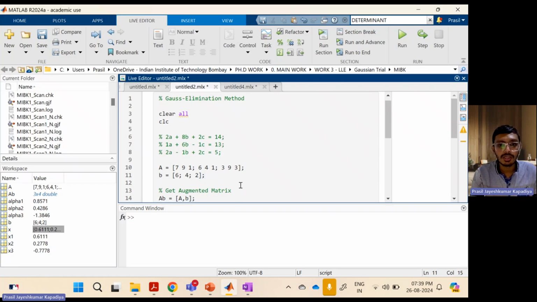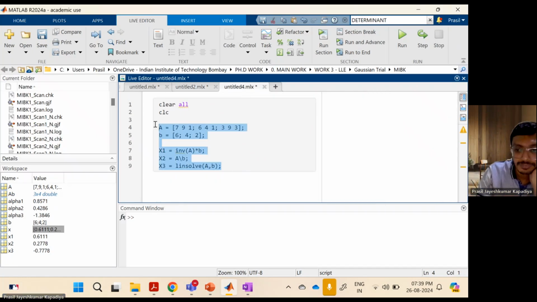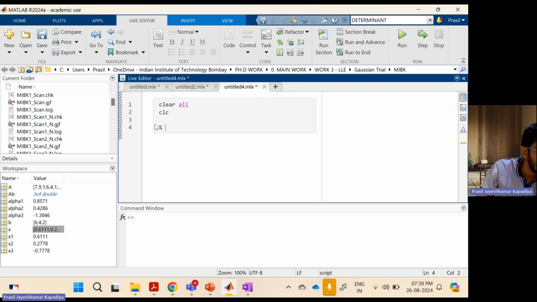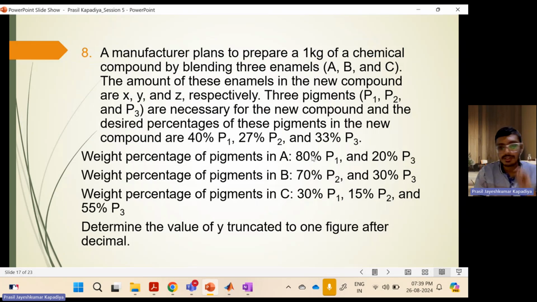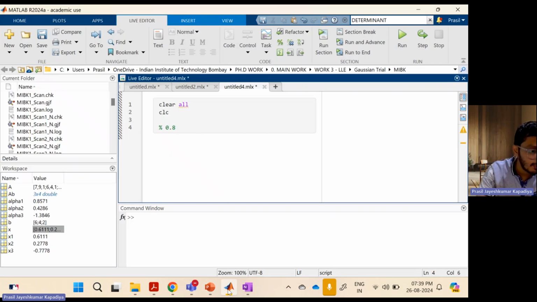So let's try to write down our equations first. For P1, it is 0.80 in the first enamel, none in the second, and 0.30 in the last one. In total it is 40%. So 0.80 x, which I'm saying for the first, plus 0.30 z, is equal to 0.40.